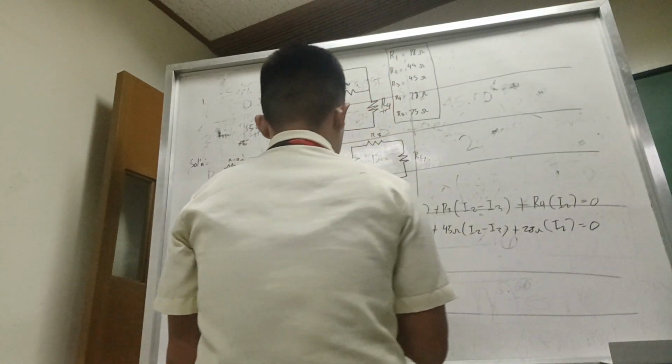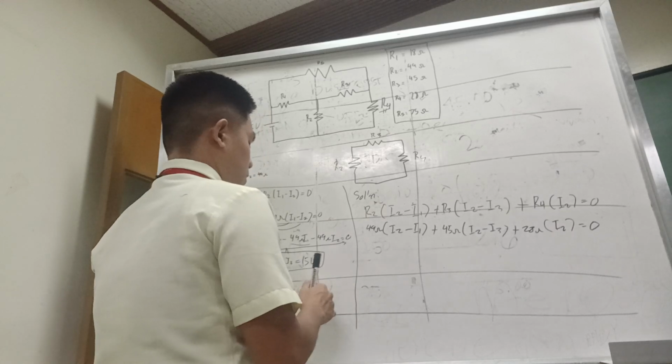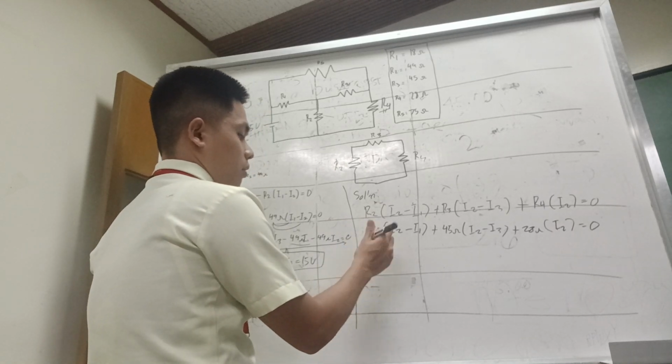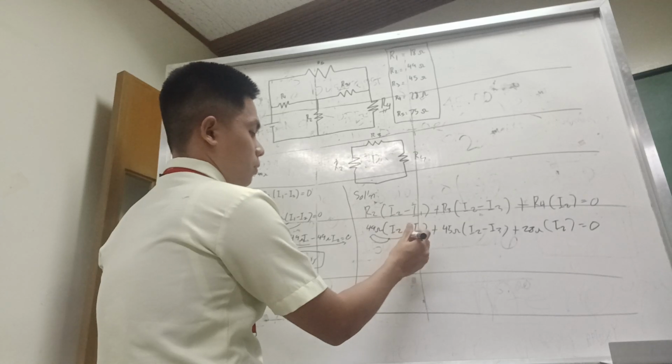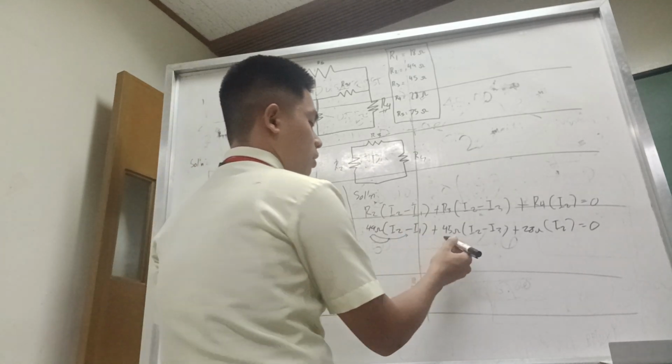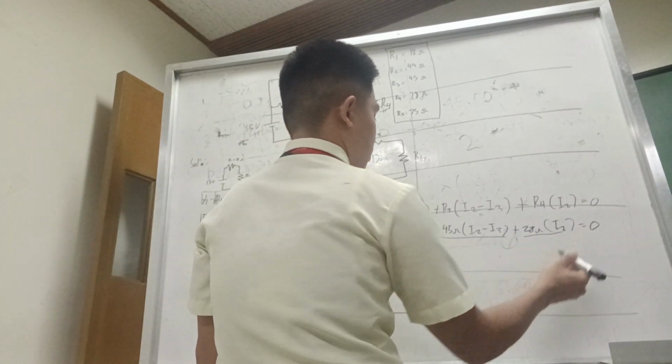So we need to multiply it with this one and this one, same as this and this.